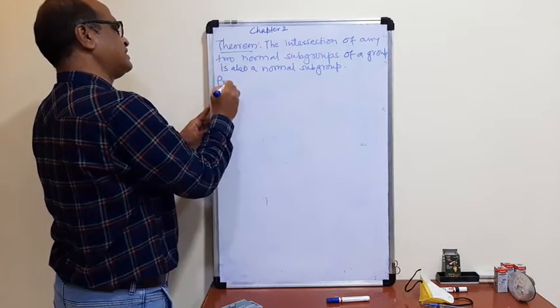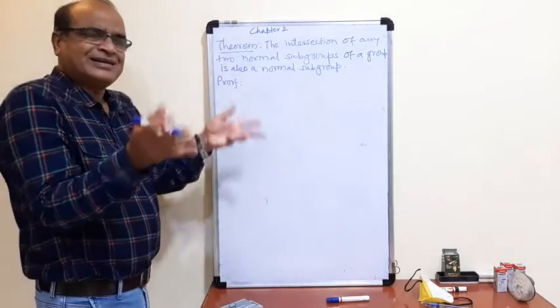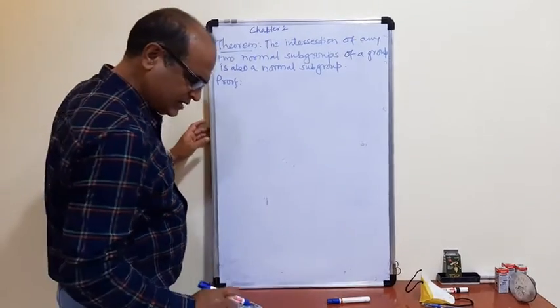What is the proof here? Simple. There are two normal subgroups, we take their intersection, and this is also a normal subgroup.